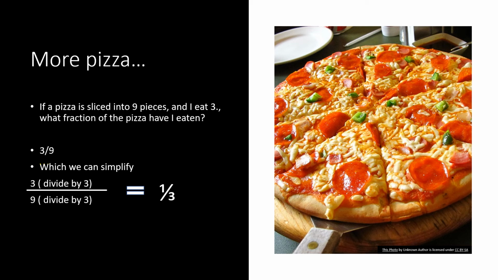So 3 divided by 3 is 1, 9 divided by 3 is 3. Therefore we know that a third is an equivalent equal fraction to 3/9. And if you did want to draw that, you'll see that if you have 3 of the 9 pieces, it's a third.